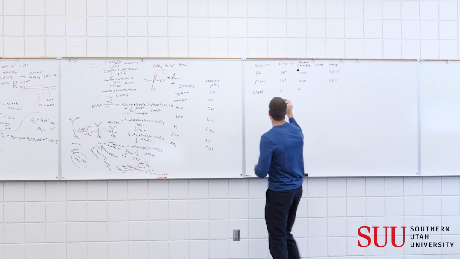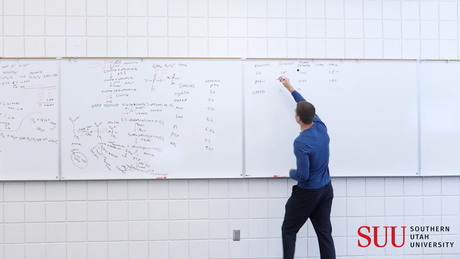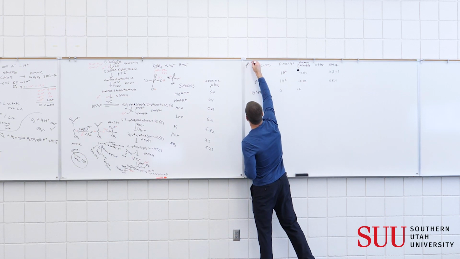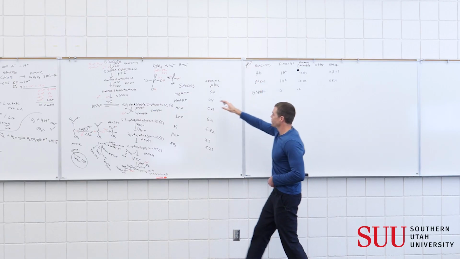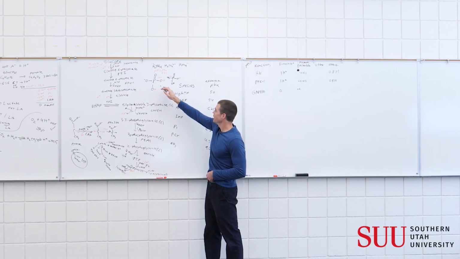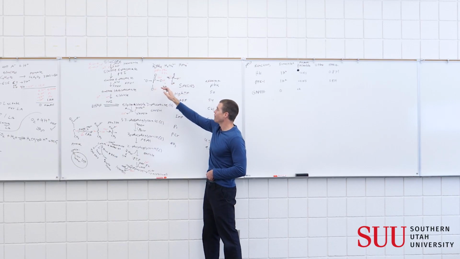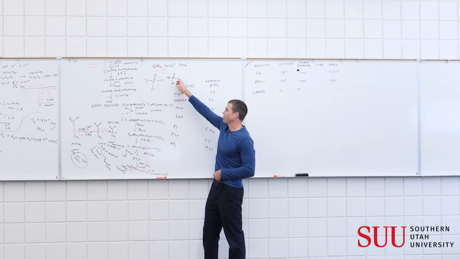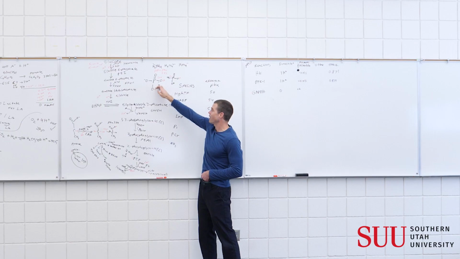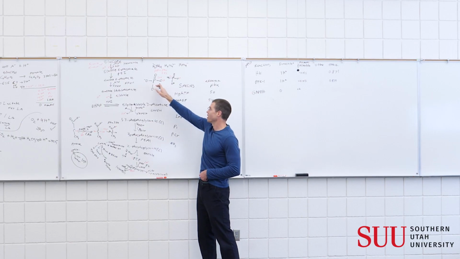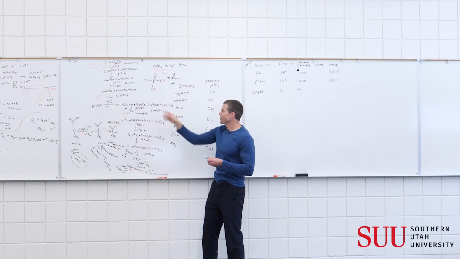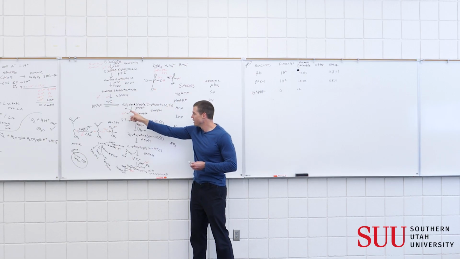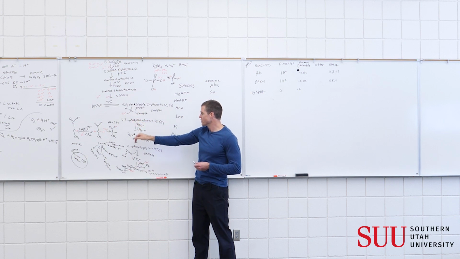This whole thing is technically going to be at a pH of 7, and that means you're going to have a certain percentage of the molecules in this form and a certain percentage in this form. At a pH of 7, most of your phosphates are going to be in this form, but you're going to have a pretty decent amount, like 40% or something, in this other form.